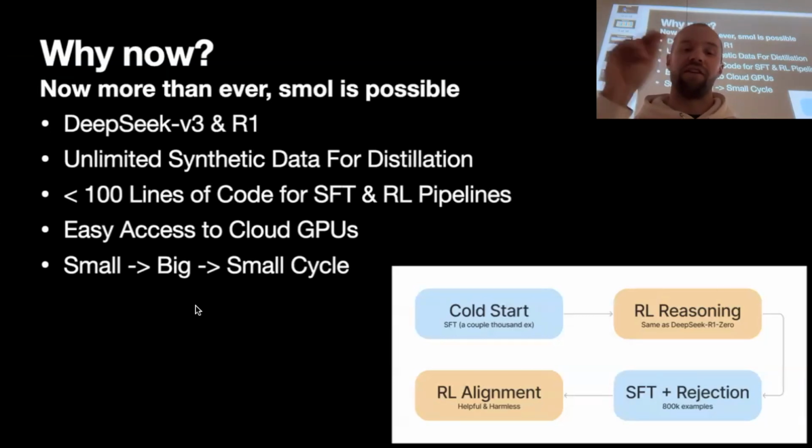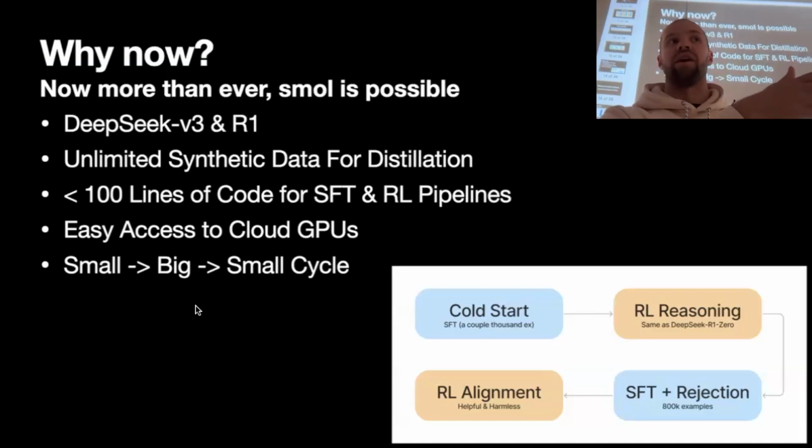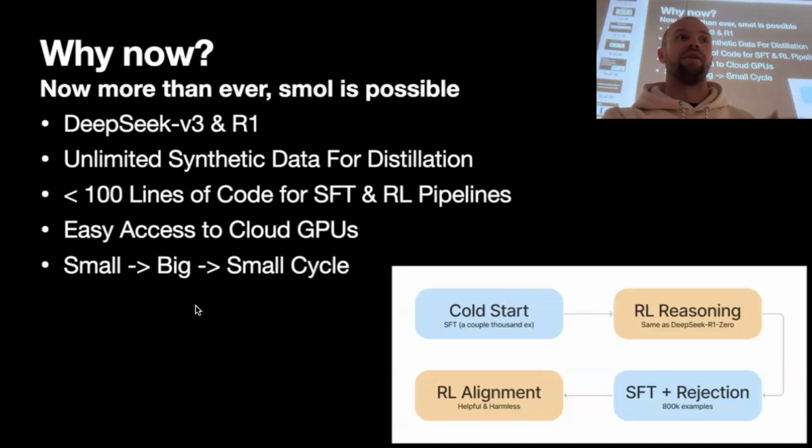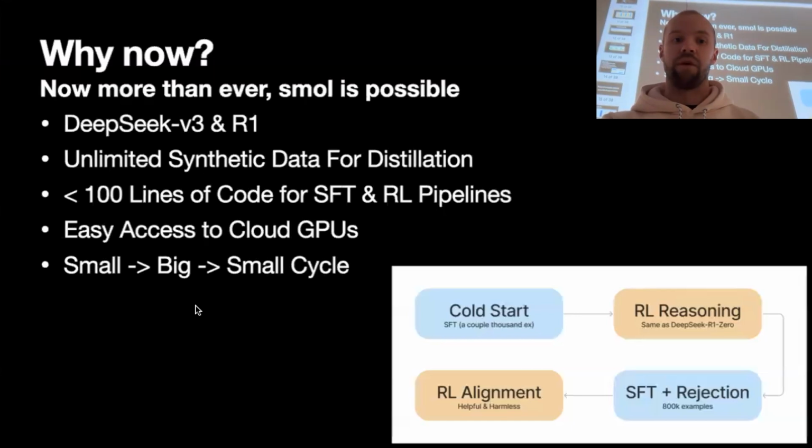Like, in the terms of service for the OpenAIs and the Anthropics of the world, you shouldn't be training on their data. Now with DeepSeek V3 and R1, you can generate as much synthetic data as you want for reasoning or for other specific tasks. And that's exactly what I did when I trained that Rust model. I just grabbed a bunch of data from DeepSeek, and that's like a great jumping off point.